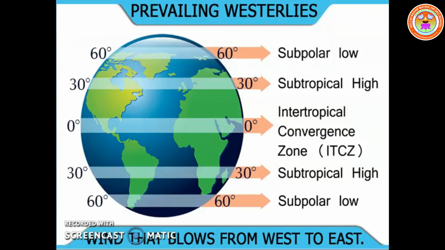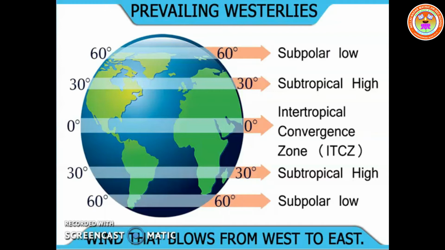Next one, the westerlies. Westerlies are permanent winds that blow from the tropical high pressure belt to the subpolar low pressure belt in both hemispheres. They blow from southwest to northeast in the northern hemisphere and northwest to southeast in the southern hemisphere.